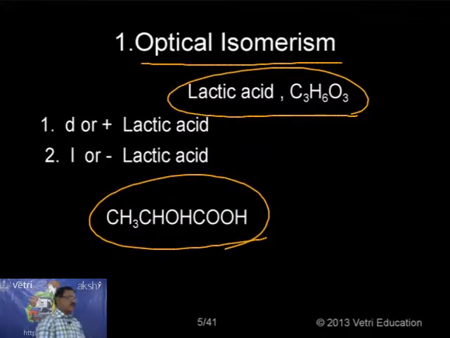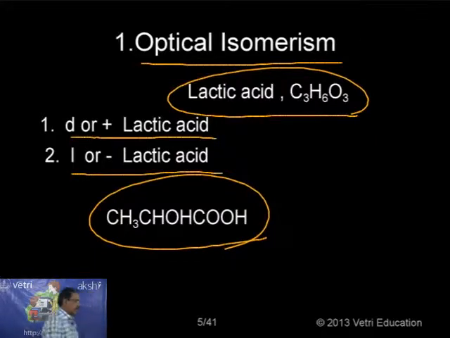Molecular formula C3H6O3. Now, the same compound, molecular formula is same, C3H6O3, but with the help of a polarimeter instrument, if you measure optical activity, I will come later to what is optical activity, one will give you a positive value, other will give you a negative value. One is D lactic acid, another is L lactic acid.